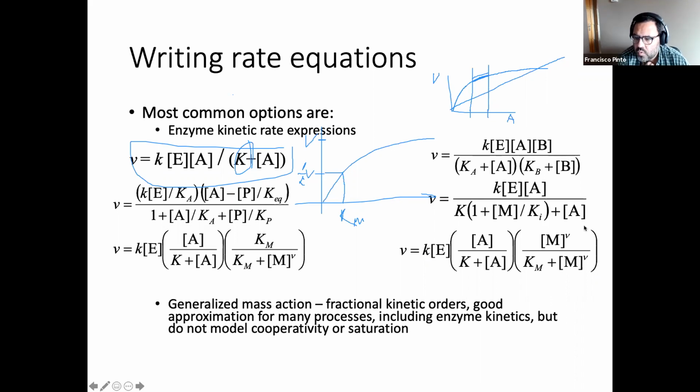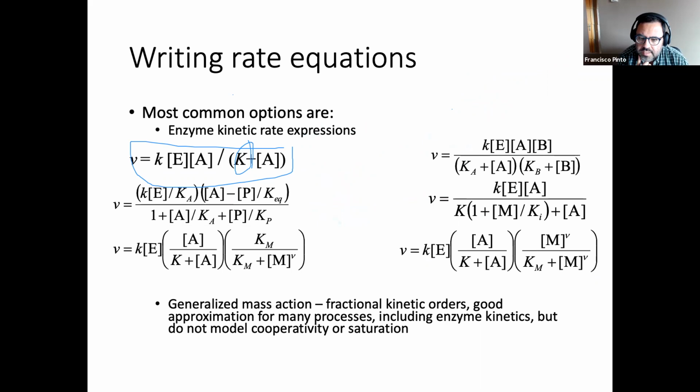Or you can have enzyme catalyzed processes that are inhibited, and in this case, the inhibition is carried out by this molecule M, and you have biochemical enzyme kinetics expressions for inhibitions.